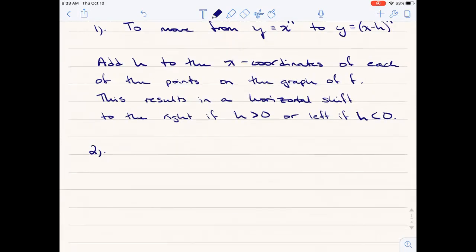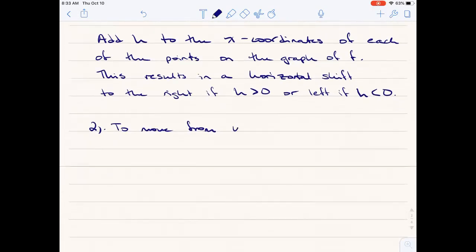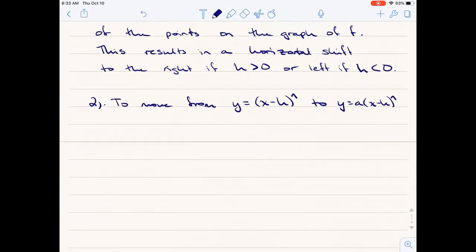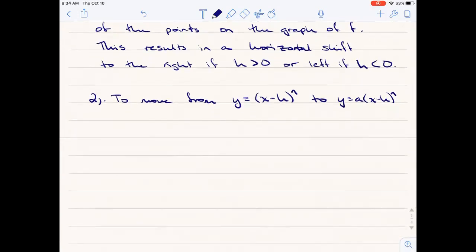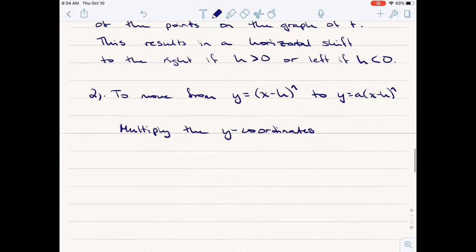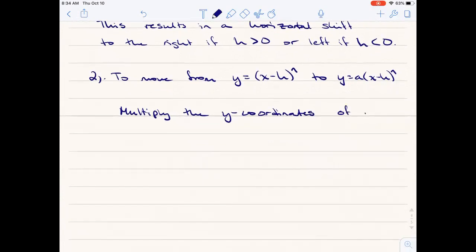To move from y equals x minus h to the n to y equals a times x minus h to the power of n, you're going to multiply the y coordinates of each of the points.